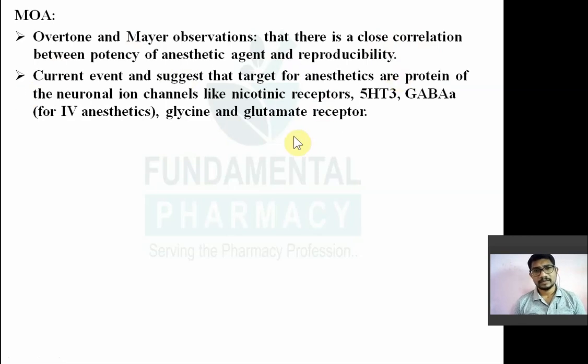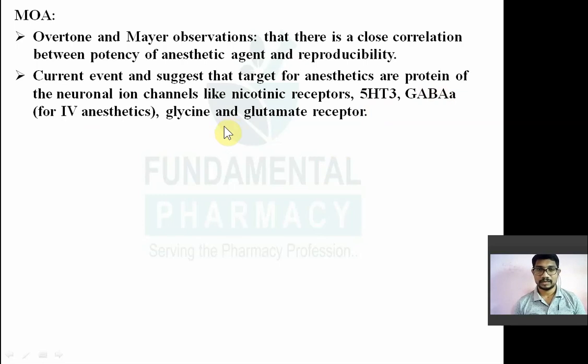Current evidence suggests that the targets for general anesthetics are proteins of neuronal ion channels, meaning receptors like the nicotinic receptor, serotonin 5-HT3 receptor, and GABA receptors.